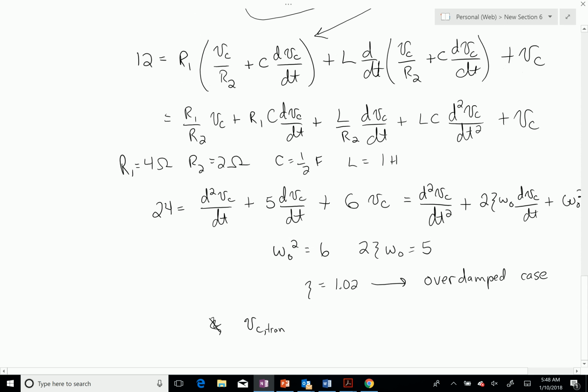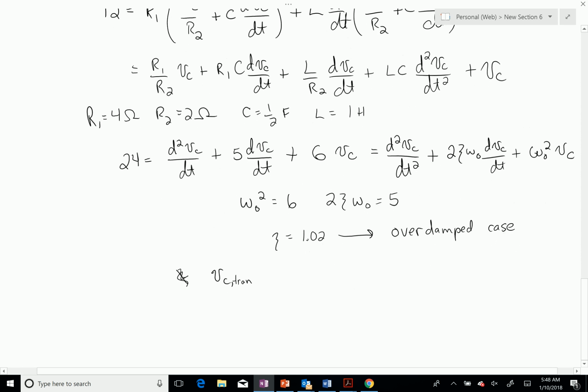What I started to do as I went through here, the characteristic equation, I should say step 5, or the book's step 2, is to say that from that differential equation that we just wrote, I have s squared plus 5s plus 6 equals 0.